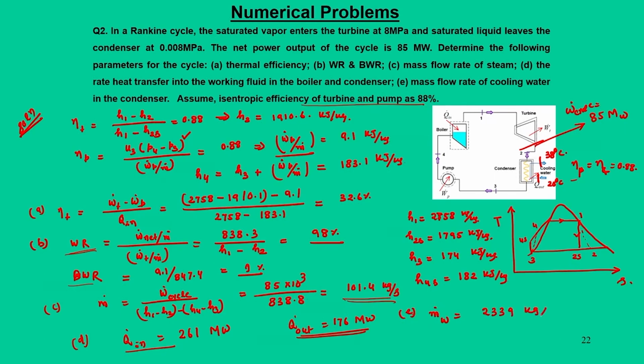So, this number is also higher. We have seen that although the efficiency drops and the work ratio is not much affected, the steam consumption rate is higher and the cooling water requirement is also higher. Why? Because we have introduced irreversibility into the system through the component efficiency of turbine and pump. So, that is again the basic need of analysis or design of a steam power plant.